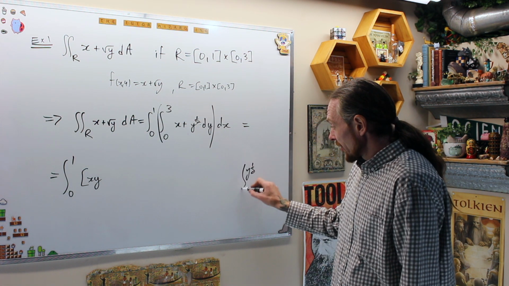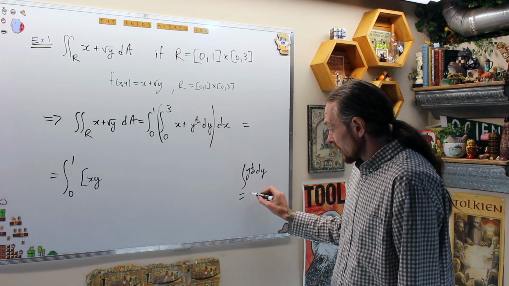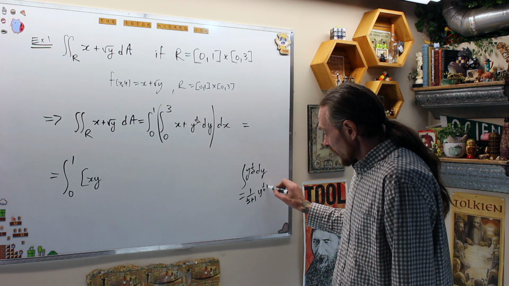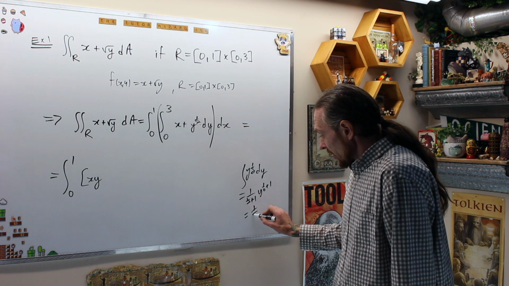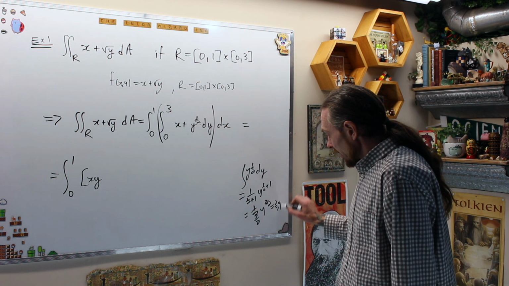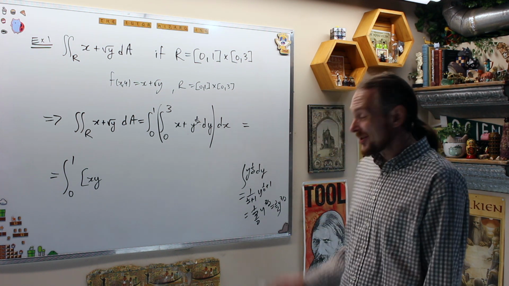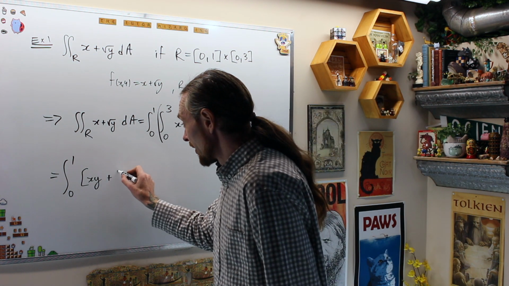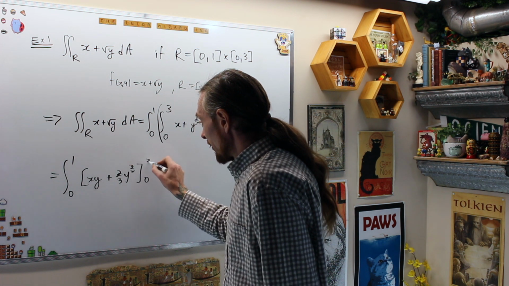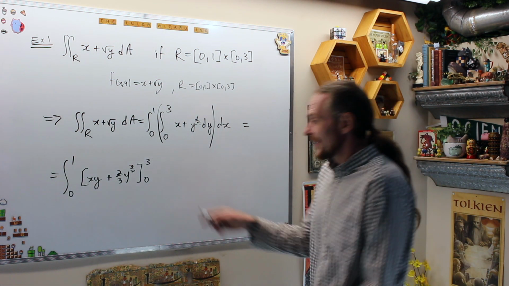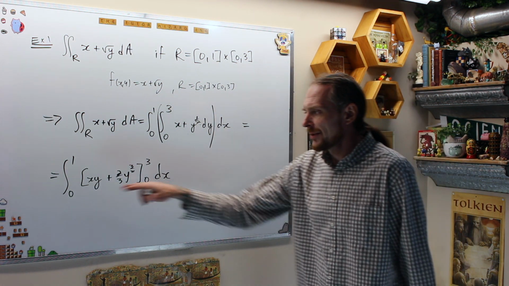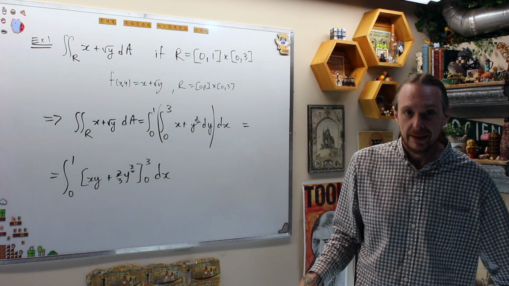The integral of y to the 1/2 dy is 1 over 1/2 plus 1, y to the 1/2 plus 1, which is 1 over 3/2, y to the 3/2, which is 2/3 y to the 3/2. You should know those by now. This is plus 2/3 y to the 3/2, evaluated from 0 to 3. This is not dx. Don't forget your dx. I don't want to be doing Lebesgue integrals or Henstock integrals.